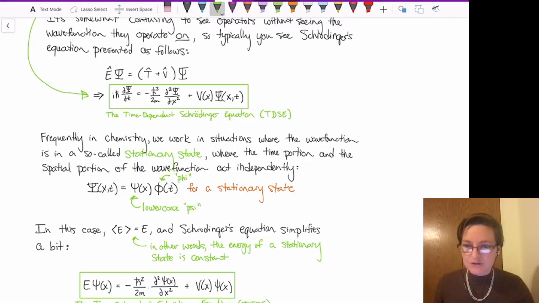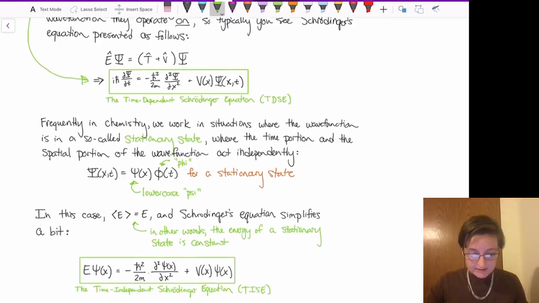I wanted to introduce, at least in passing, this time-dependent Schrodinger equation because some of you may be interested in a career that involves spectroscopy. And spectroscopy is all about a field where you take an atom and you use light to externally apply a force to that atom. Anytime you apply an external force, we're going to need to use the time-dependent Schrodinger equation.